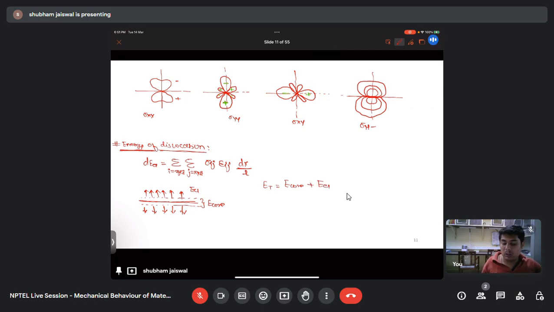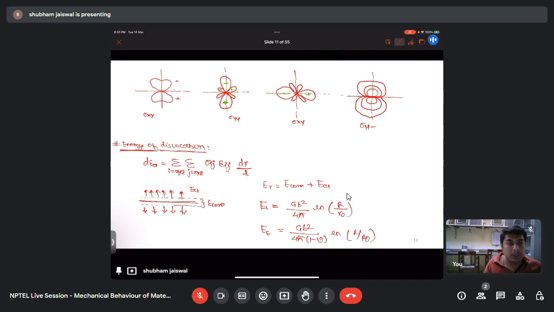So for the screw dislocation, it is given by energy of screw dislocation, Es equal to Gb square upon 4 pi ln R upon R naught. And for the edge dislocation, the energy Ee equal to Gb square upon 4 pi (1 minus mu) ln R upon R naught.